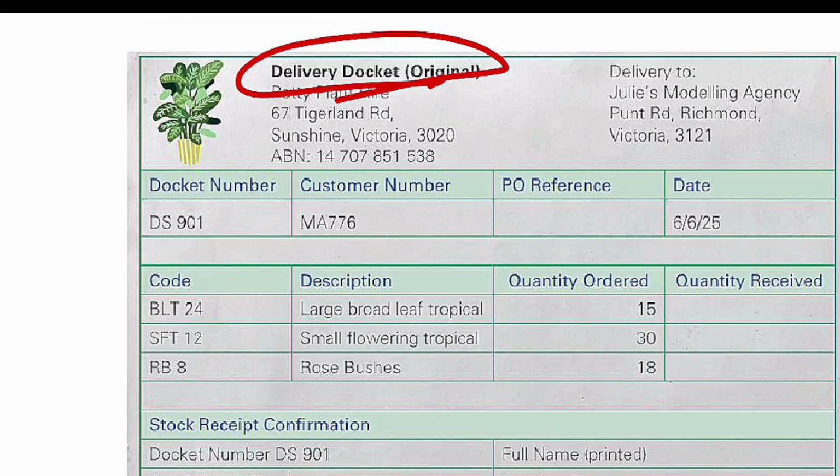No. Right. Is there a double entry here for this one? No double entry. Why? Because it is just indicating the quantity, no value. No value is here, right?